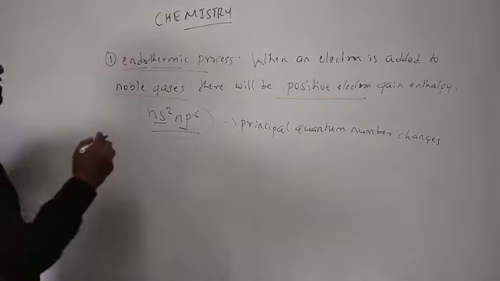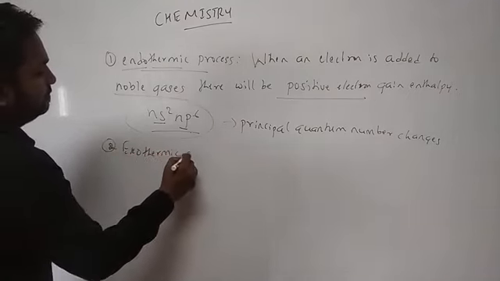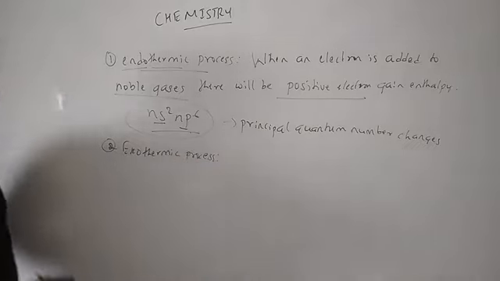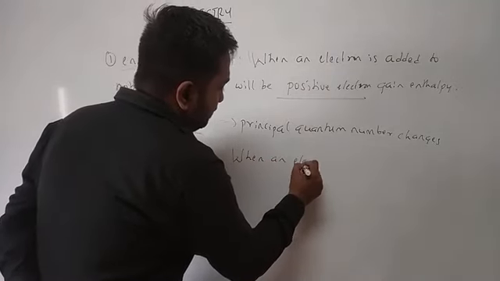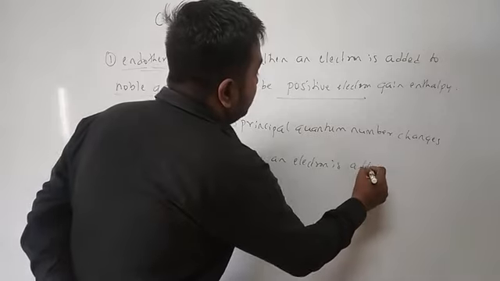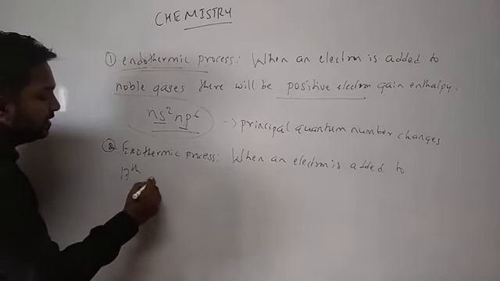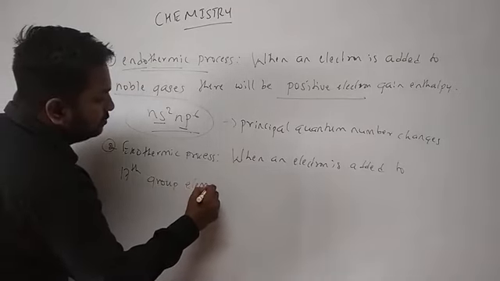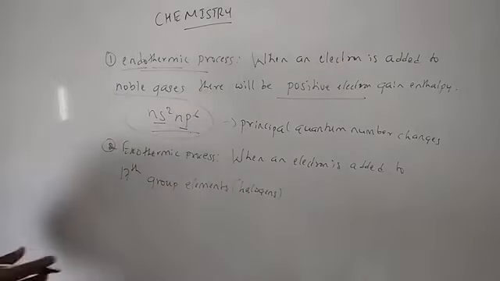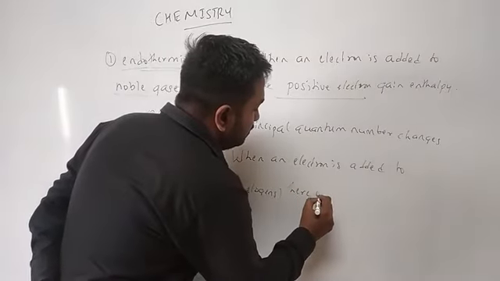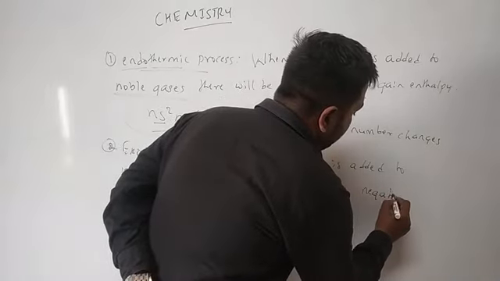In the second case, we have the exothermic process. In this case, when an electron is added to 17th group elements, like halogens, there will be negative electron gain enthalpy.